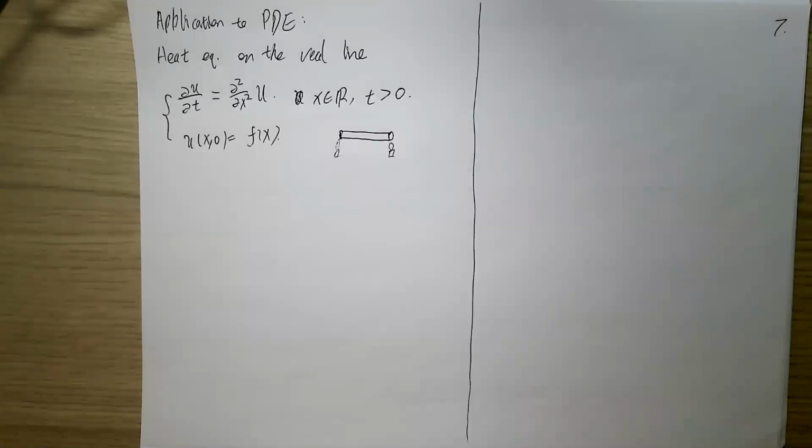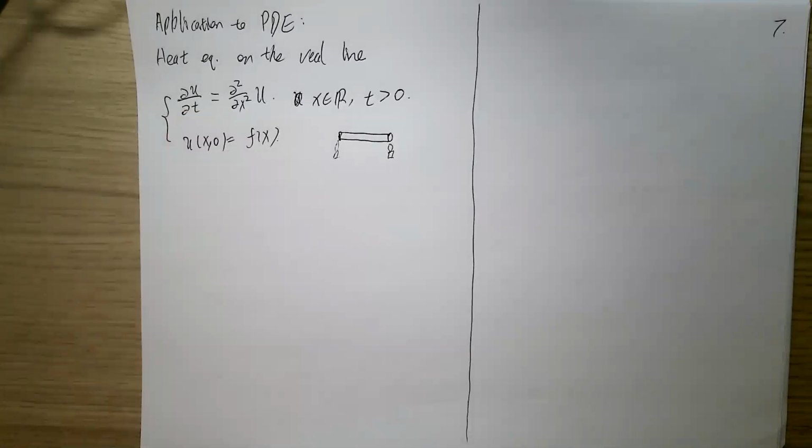And then what you can do is the separation of variables, say u is equal to some function that only depends on t times some function that only depends on x. Then you plug into this differential equation.